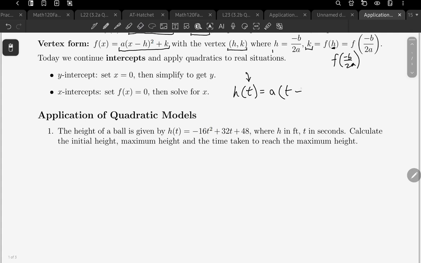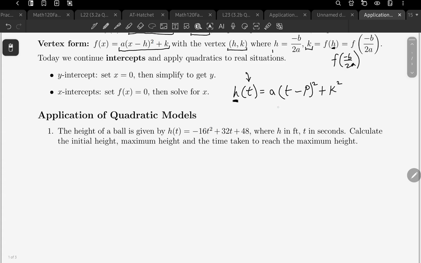So t minus, for the vertex, I don't want to use h again since h represents height. But let's use p and k. So t minus p squared, then plus k.